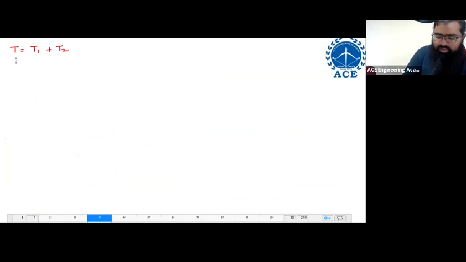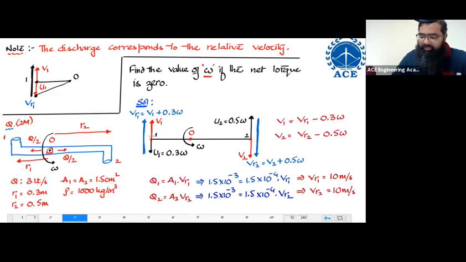Torque 1 is equal to how much? Torque 1 is equal to m dot into V1 into R1. Torque 2 is equal to how much? M dot into V2 into R2. You see, I have added them. The reason is both of them are facing in the same rotational direction. Look over here. Please observe. With respect to point O, this direction of rotation is clockwise.